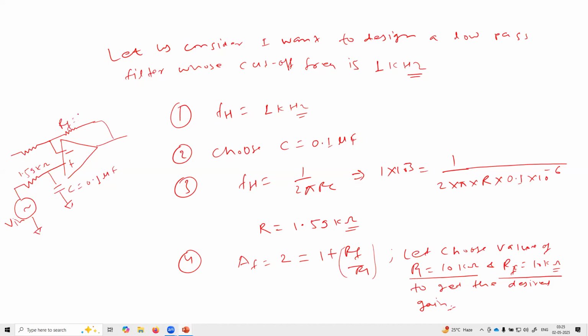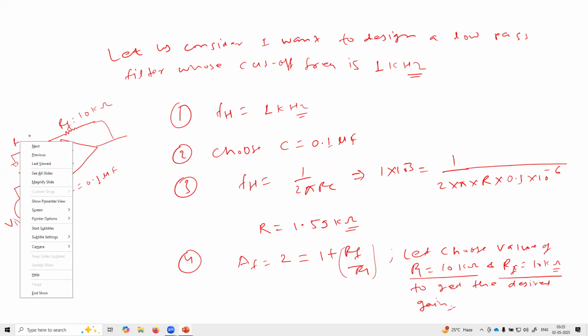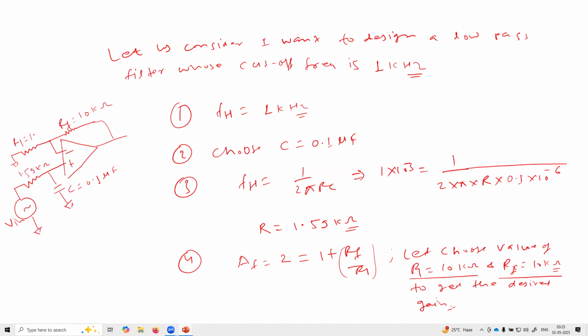RF is equal to 10 kilo ohm. This one will be grounded. And here we have to give the power supply plus 10 volt, minus 10 volt. So this is all about the design of the low pass filter.